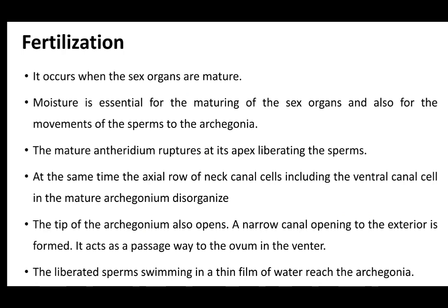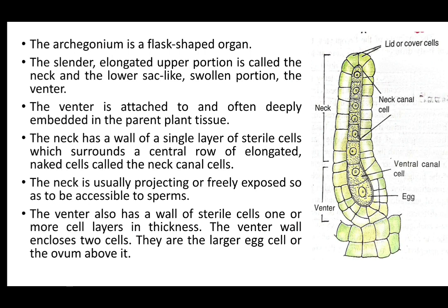So the mature antheridium ruptures and liberates sperms. After maturity, it releases the sperm. At the same time the axial row of neck canal cells, including the ventral canal cell, disorganize because the sperm have to move through this.